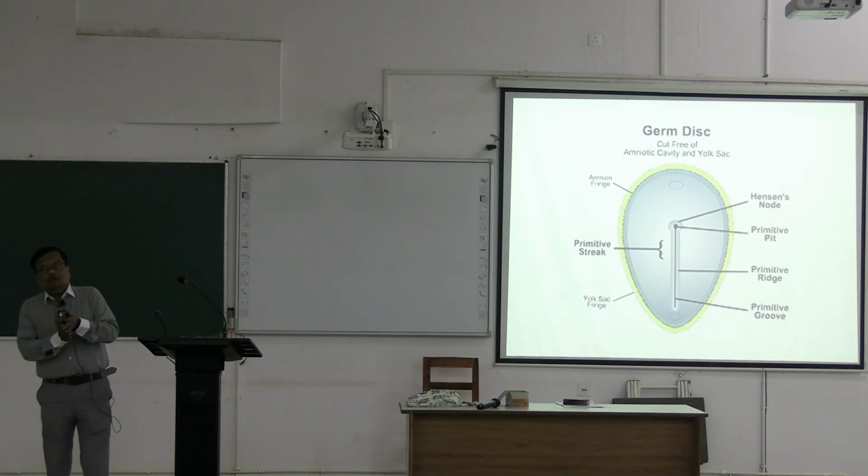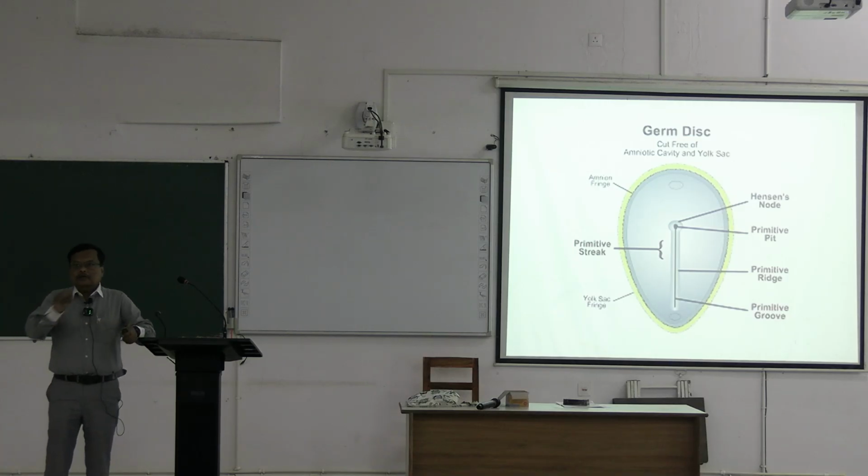There are two layers now on the 15th day, epiblast and the underlying hypoblast. A thickened group is present in the epiblast.